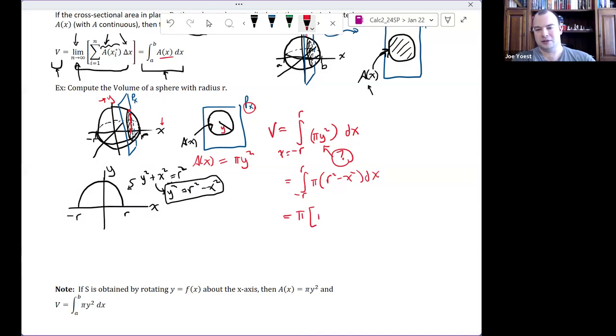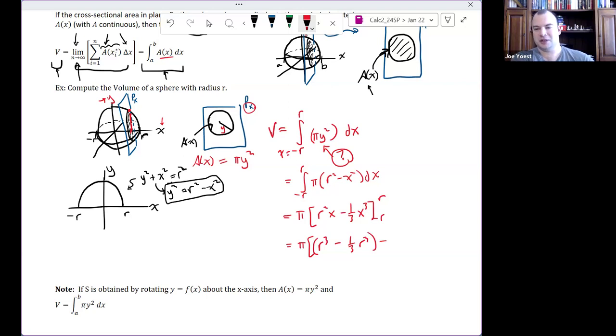So when I integrate, I get r squared x minus 1/3 x cubed from minus r to r. This gives me r cubed minus 1/3 r cubed. Subtract off the same thing with minus r.